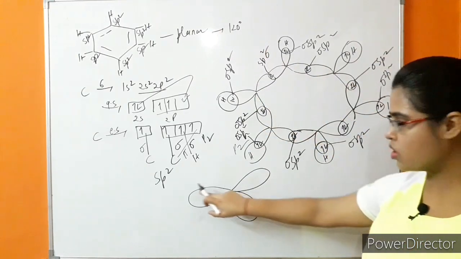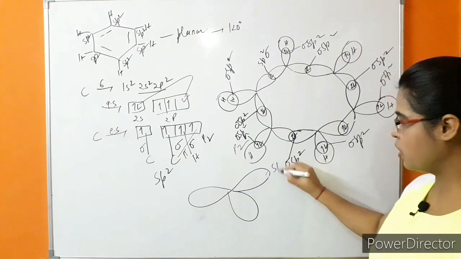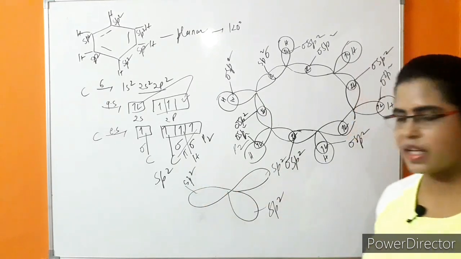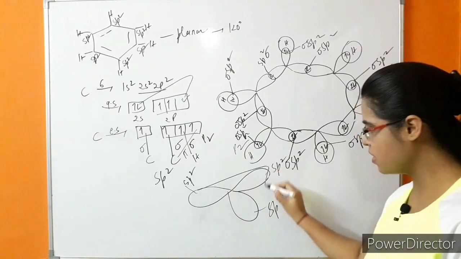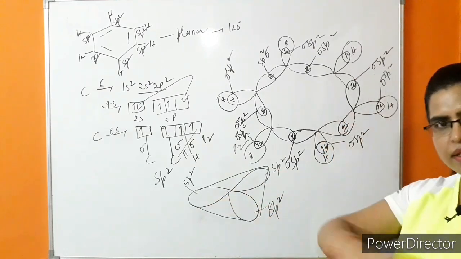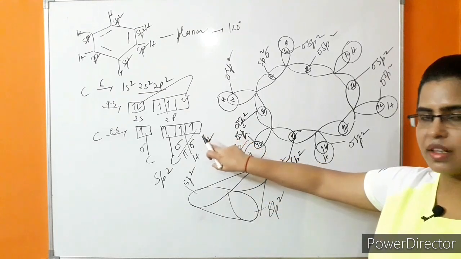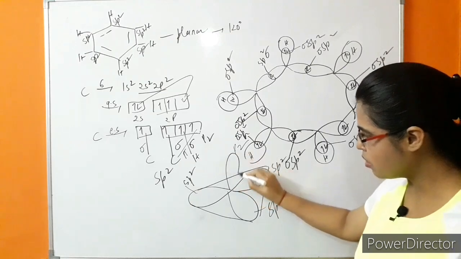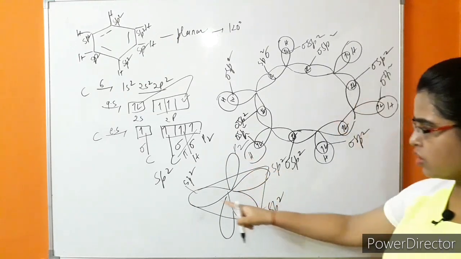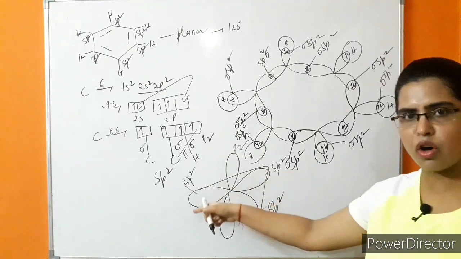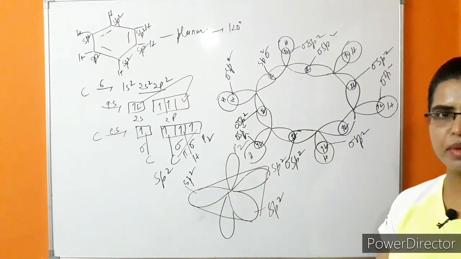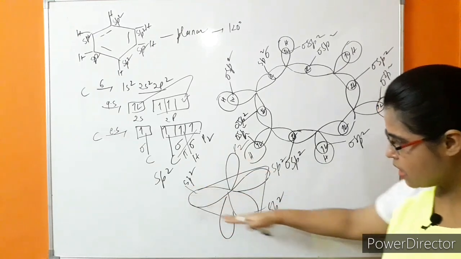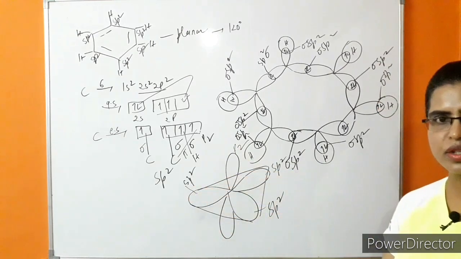This is one carbon with 3 orbitals, that is sp2 hybridized orbitals. These sp2 hybridized orbitals are present in the same plane, whereas one orbital, that is the pz orbital, which has 1 electron, is present perpendicular to the plane of these 3 hybridized orbitals. So this pz orbital is perpendicular to the plane of these 3 hybridized orbitals.